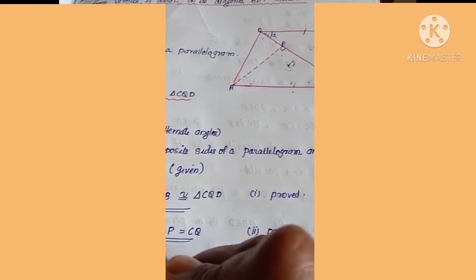Therefore, triangle APB is congruent to triangle CQD. Therefore by AAS, any two angles and a non-included side of one triangle equal to those of another, then these two triangles are congruent to each other.